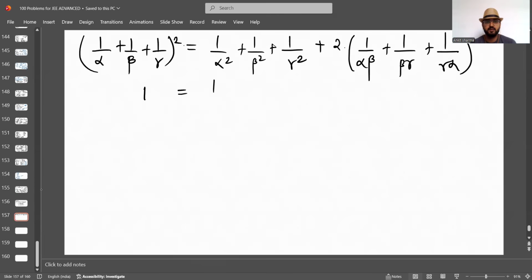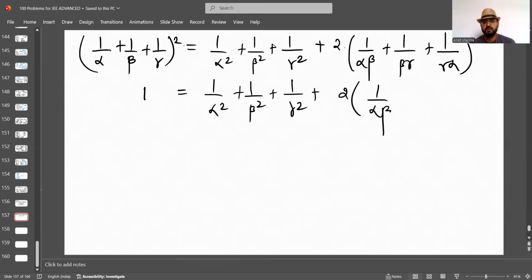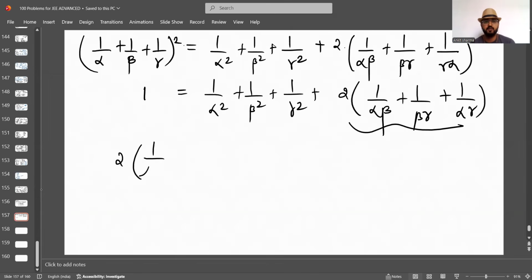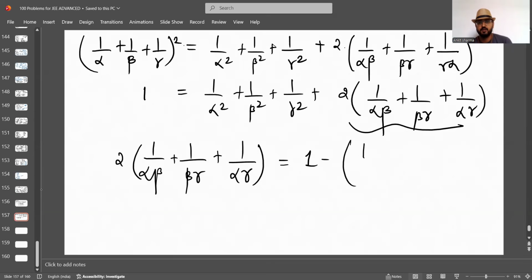I want this term, so I'll transfer the other one to that side. So I get 2 times 1 over alpha beta plus 1 over beta gamma plus 1 over alpha gamma is equal to 1 minus 1 over alpha square plus 1 over beta square plus 1 over gamma square.